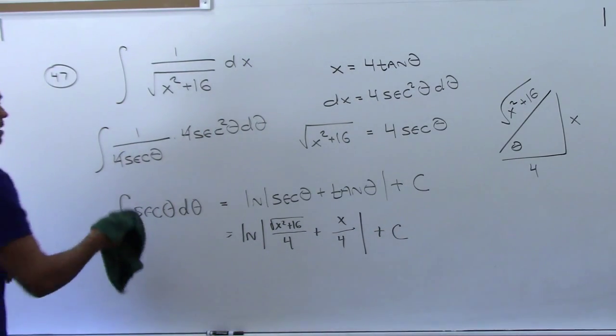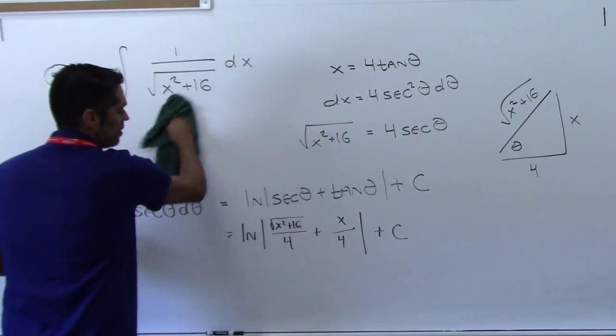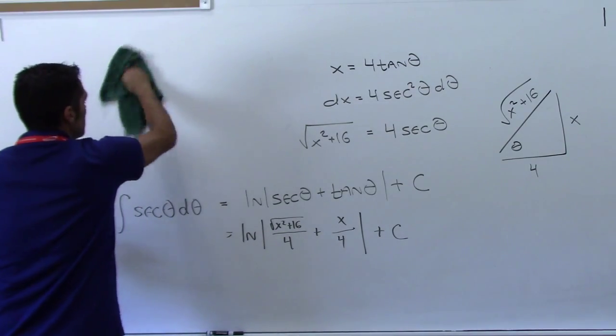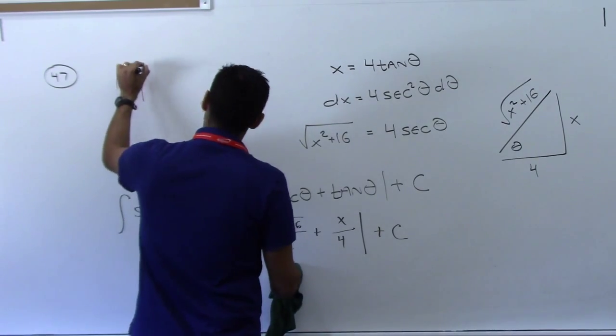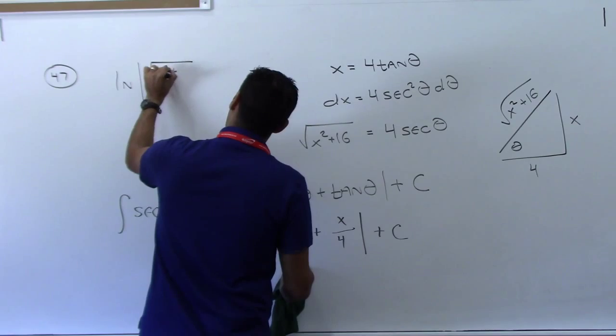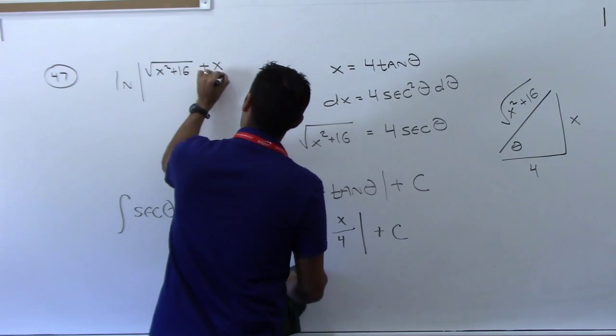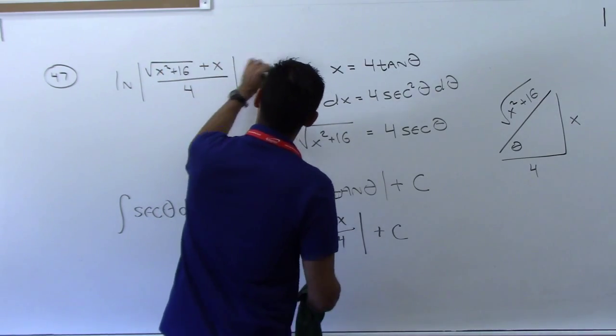Right? And then you can get a common denominator there. I mean, there is a common denominator, I should say. So when you put those two together, you get natural log of square root x squared plus 16 plus x, all over 4, plus c.